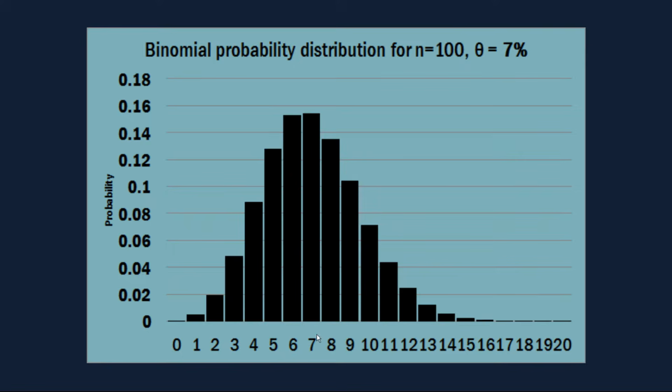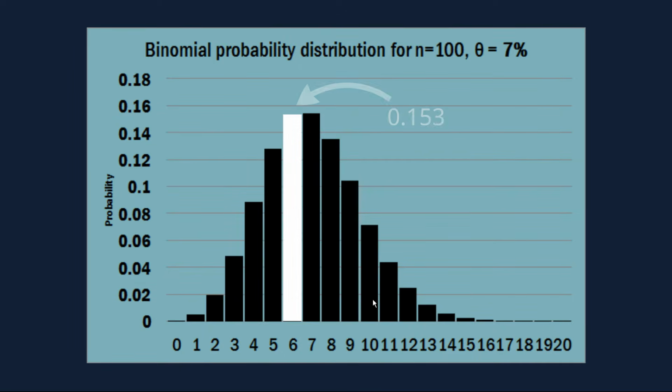So what we do is we say, if theta was 7%, what is the probability of getting an outcome of 6? And that probability is 0.153. That's the height of that bar right there. So hopefully you can see what I mean by a flip in logic. In reality, we know there was only one outcome, 6 out of 100.